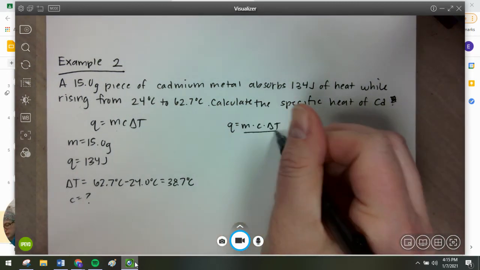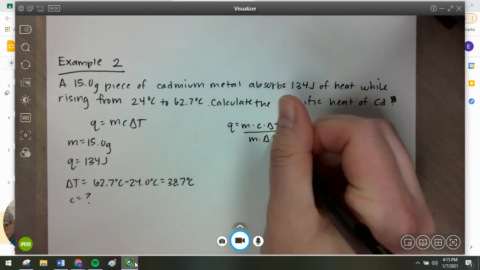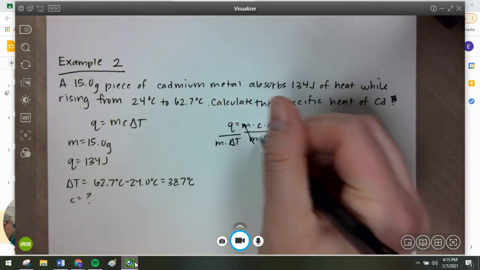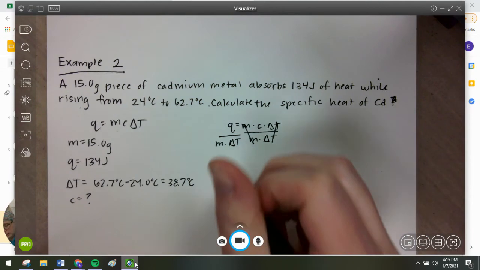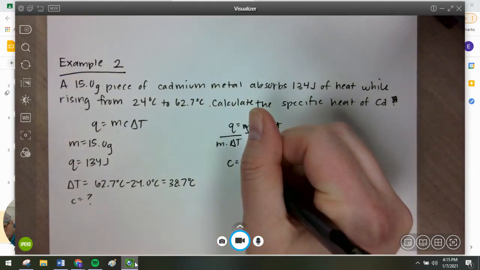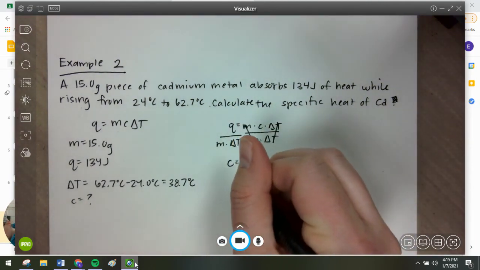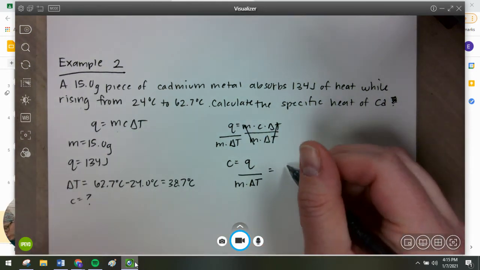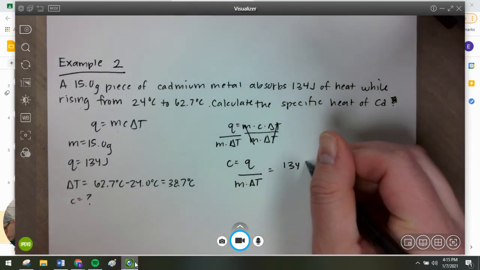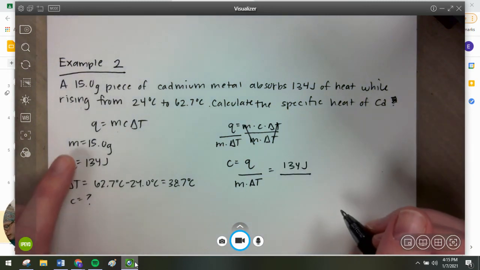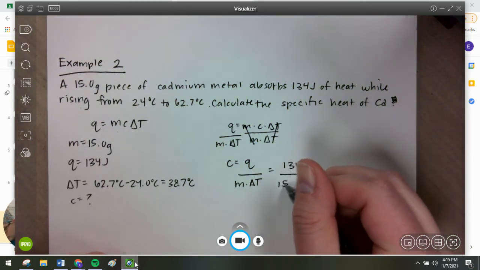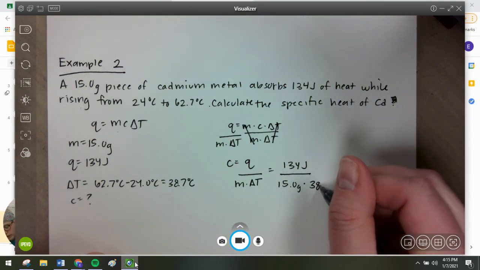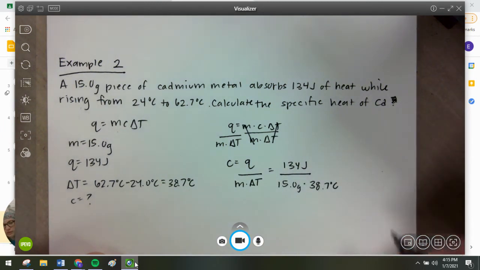So if I'm looking for C, I'm going to be dividing by M delta T. And then M cancels out, and I've got my C. So C is equal to Q over M delta T. And I've got Q, 134 joules, divided by my mass, 15 grams, and my change in temperature, which is 38.7 degrees Celsius.